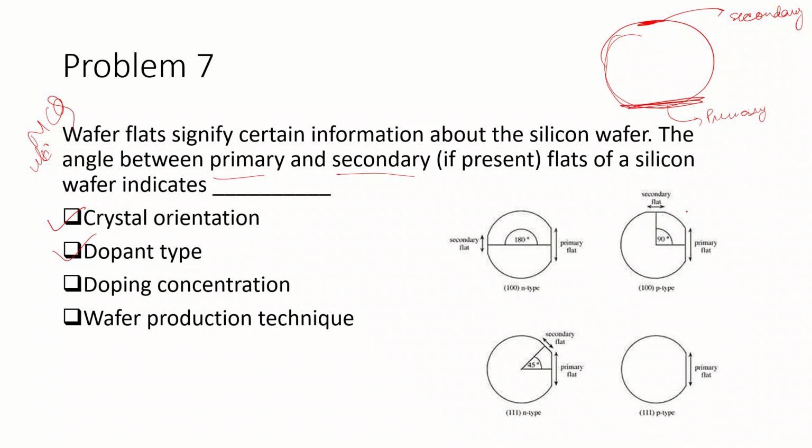With 90 degrees separation, it is 100, P type. At 45 degrees, it is the 111 plane, and if there is no secondary flat, then it is 111, P type. That's the universal notation for how these silicon wafers work. So the answer will be these two.